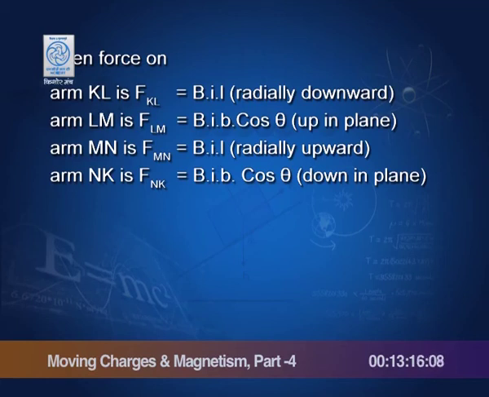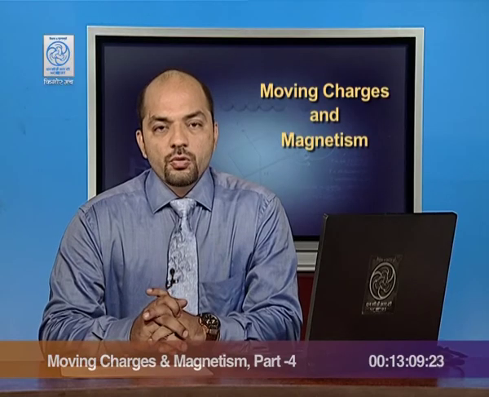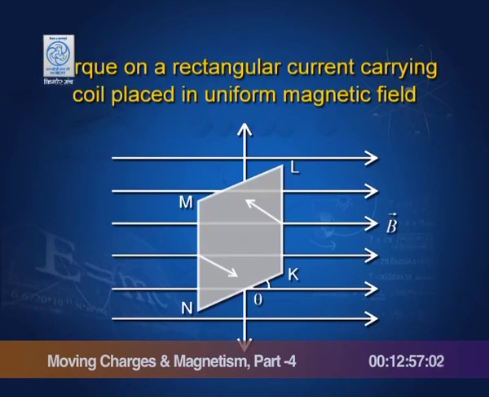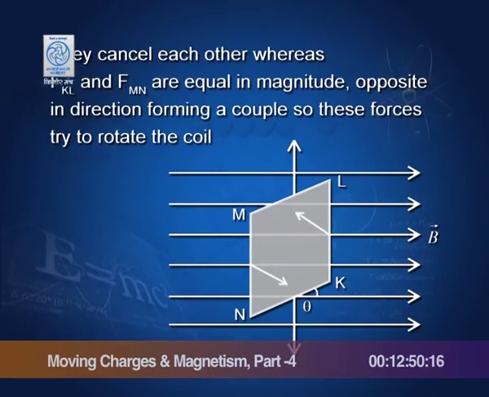Once again, using the same rule, we obtain the direction is downward in the plane of paper. From the situation, it is very clear that forces F_LM and F_NK are equal in magnitude but in opposite direction. So, they cancel each other, whereas the force KL and force MN are equal in magnitude, opposite in direction.